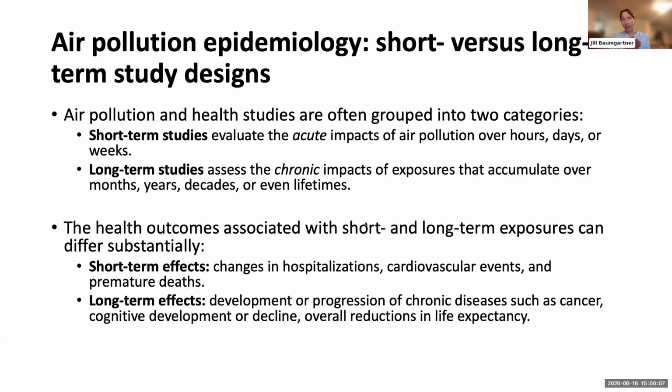But for long-term effects, we're interested in understanding the development or progression of chronic diseases over time. So things like the development or progression of cancer or cognitive development or cognitive decline, or maybe overall reductions in life expectancy. And it's not entirely clear cut between these two, but I'm trying to give you a sense of generally the types of study designs and effects and outcomes that we're interested in.